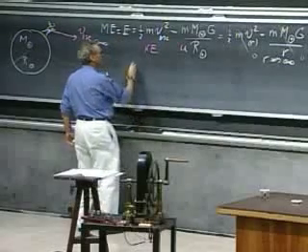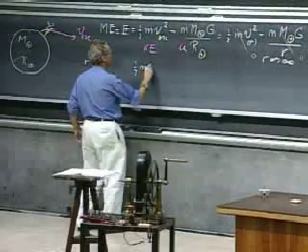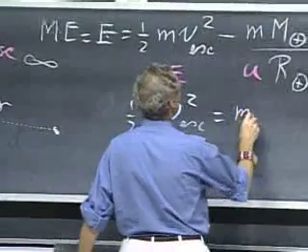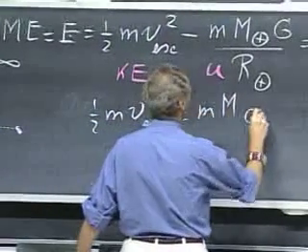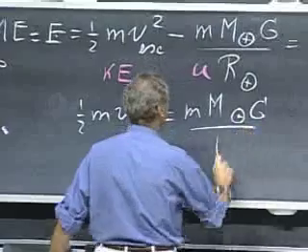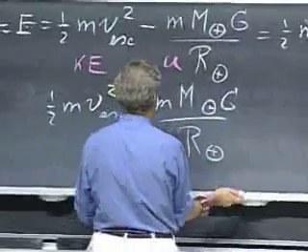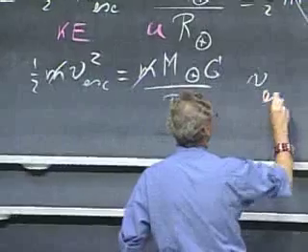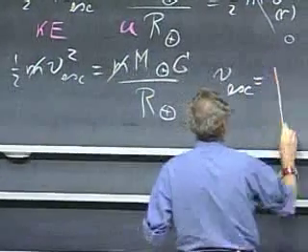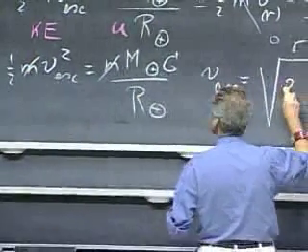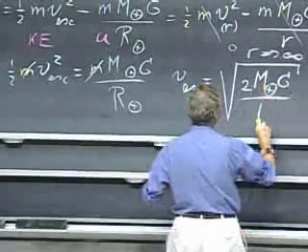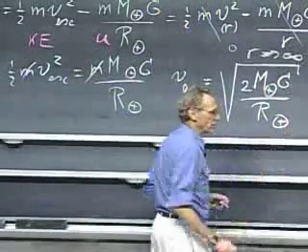And so we find that 1/2 m v_escape squared equals m m_Earth G divided by the radius of the Earth. I lose my little m, and I find that the escape velocity that I have to give you is the square root of 2 m_Earth G divided by the radius of the Earth.